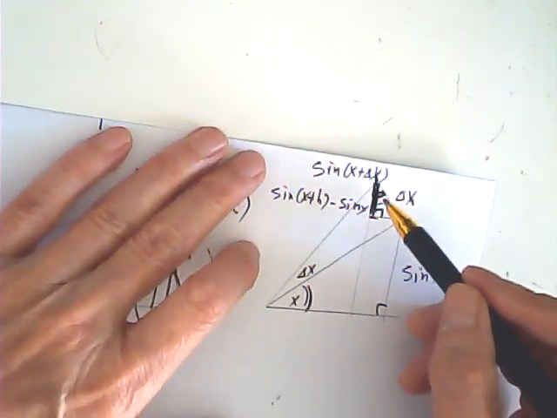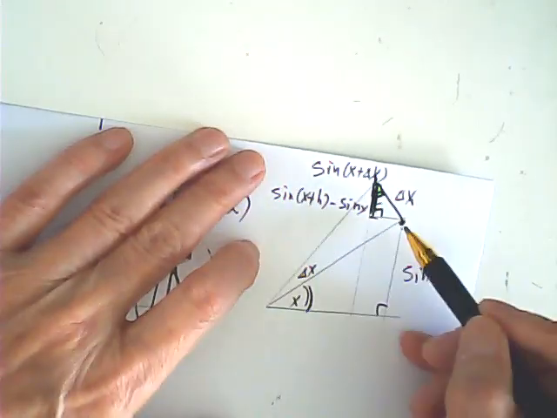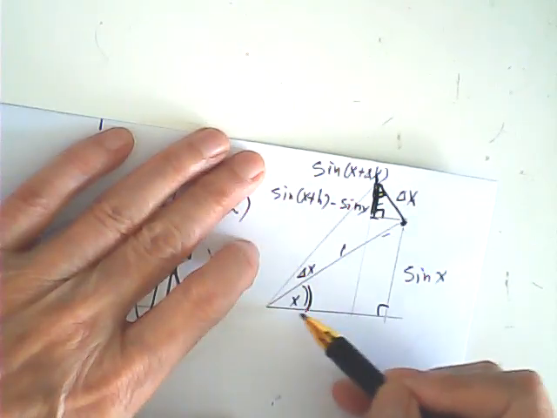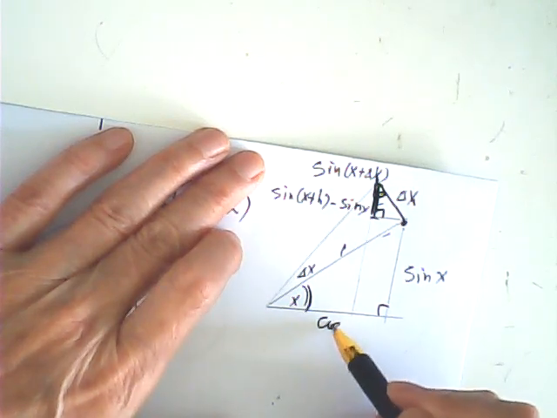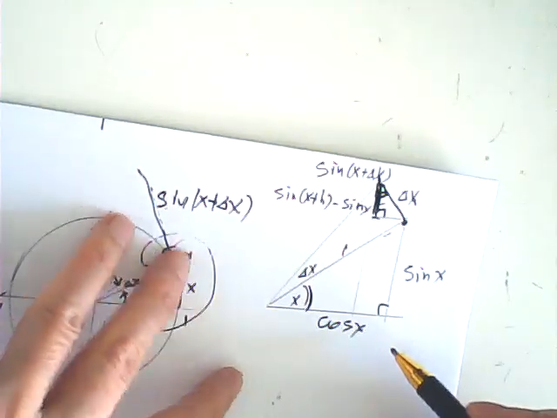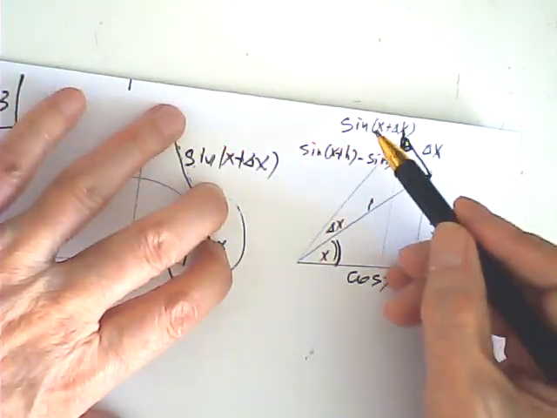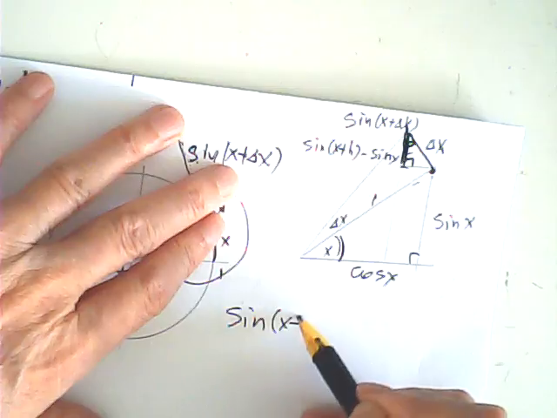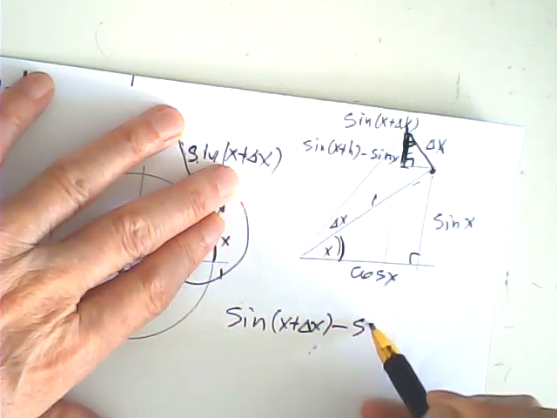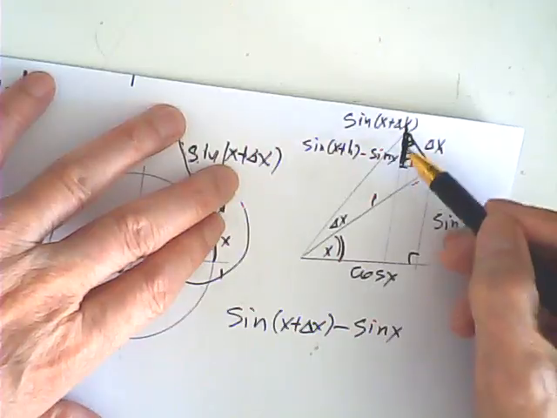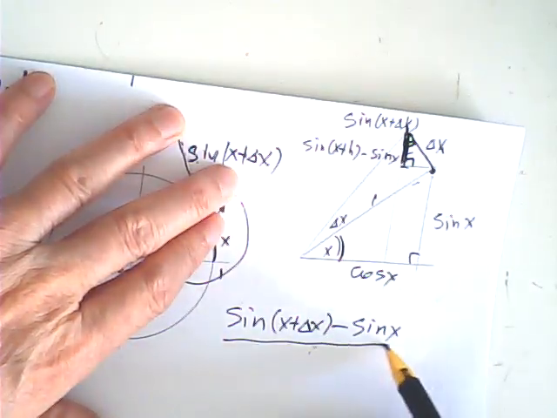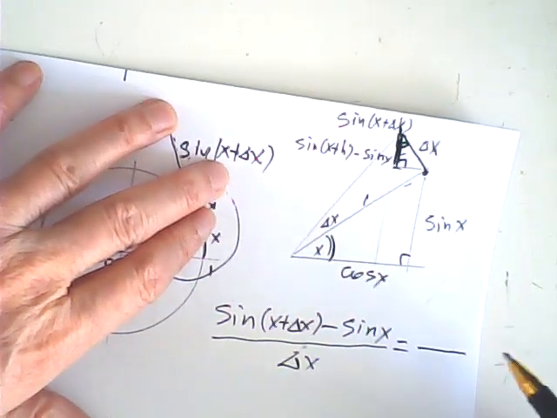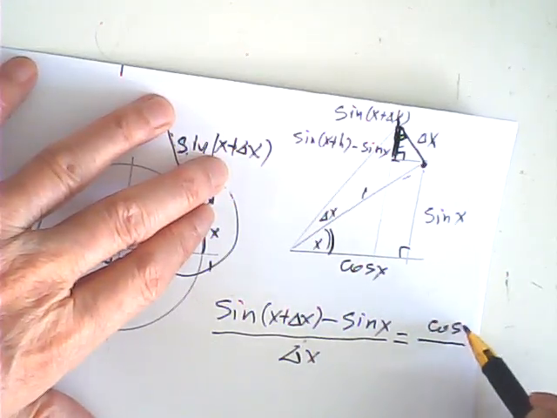And this one corresponds to this one, which is 1. This corresponds to this side, which is cosine x. So in other words, this side, sine(x + delta x) minus sine x, that is this side, over delta x, this hypotenuse, is equal to cosine x.